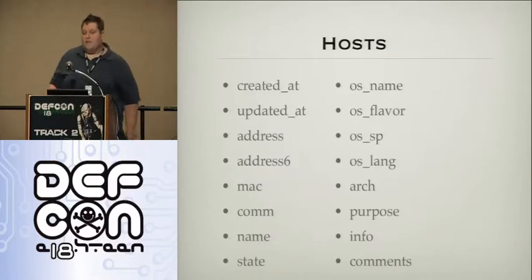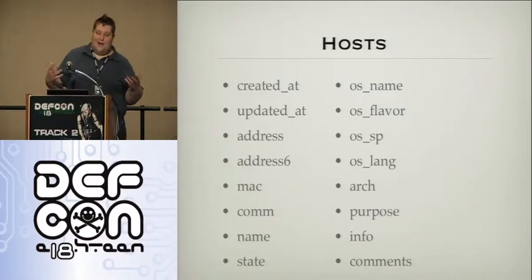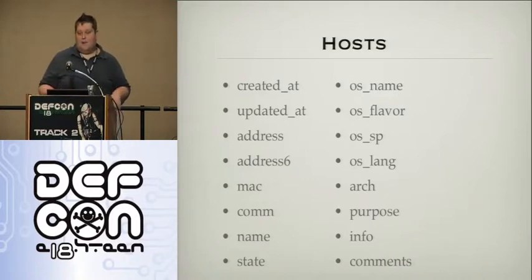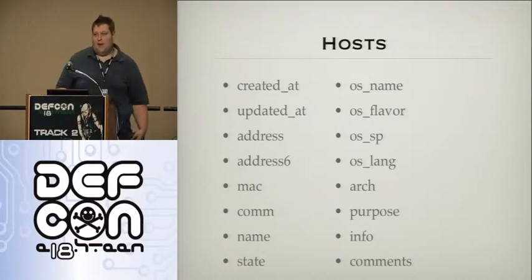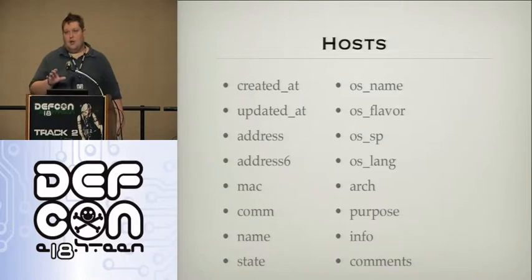The hosts have a lot more information in them. They have all sorts of information that you can get from Nmap, like the name, exactly what flavor of OS it is, the address, and there's actually a separate field for IPv6, so you can actually be looking at a host in the context of both the IPv4 and the IPv6 address.